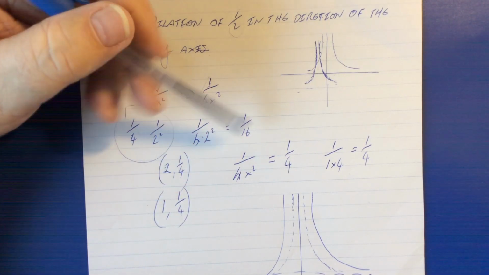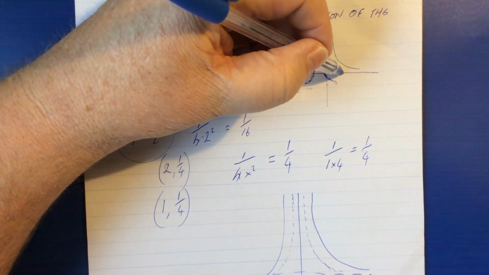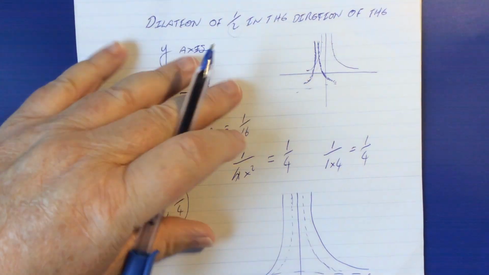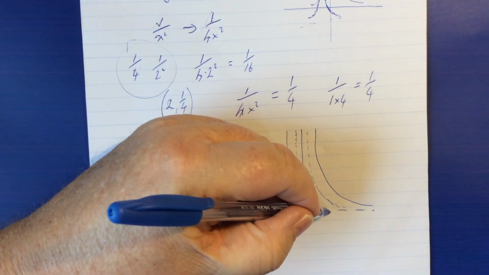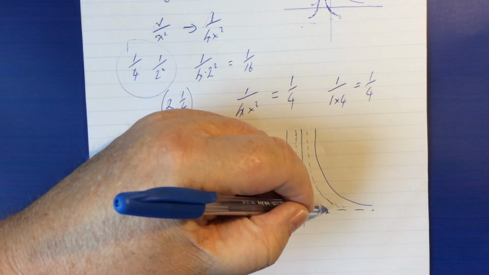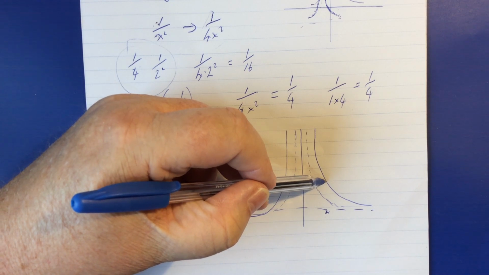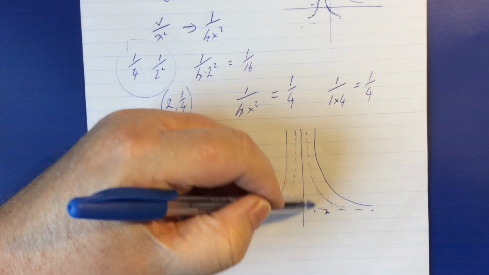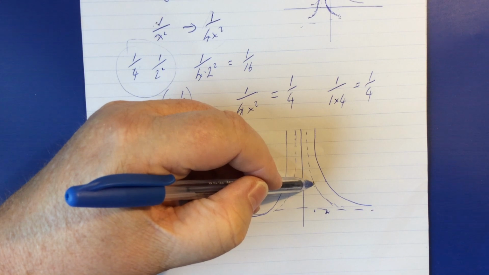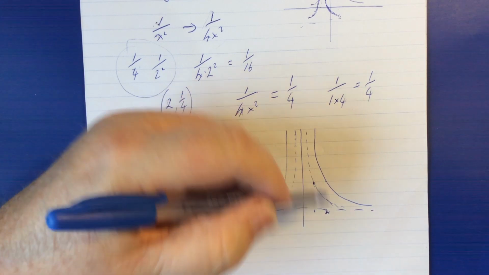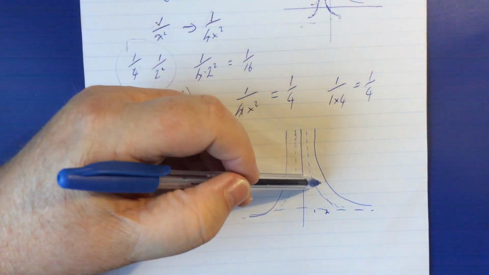So, what has happened? From the point of 2 here, if I put 2 into this function, I get 1/4. If I put 1 into this function, I get 1/4. This is wildly out of scale.